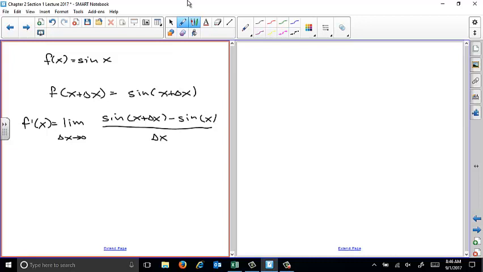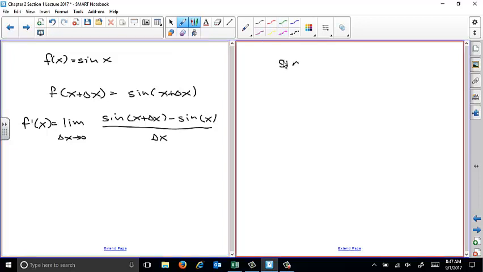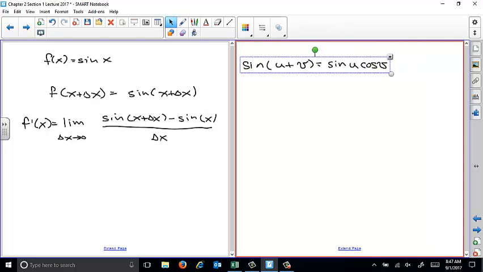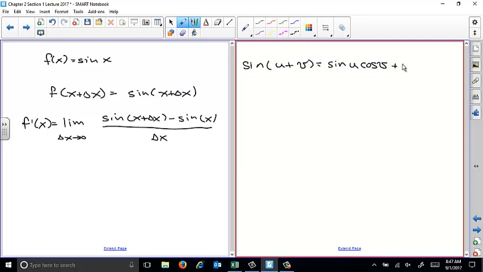If you have this sheet of paper, I'm just going to write out exactly what it says. It says that the sine of u plus v equals the sine of u cosine of v plus cosine of u sine of v.